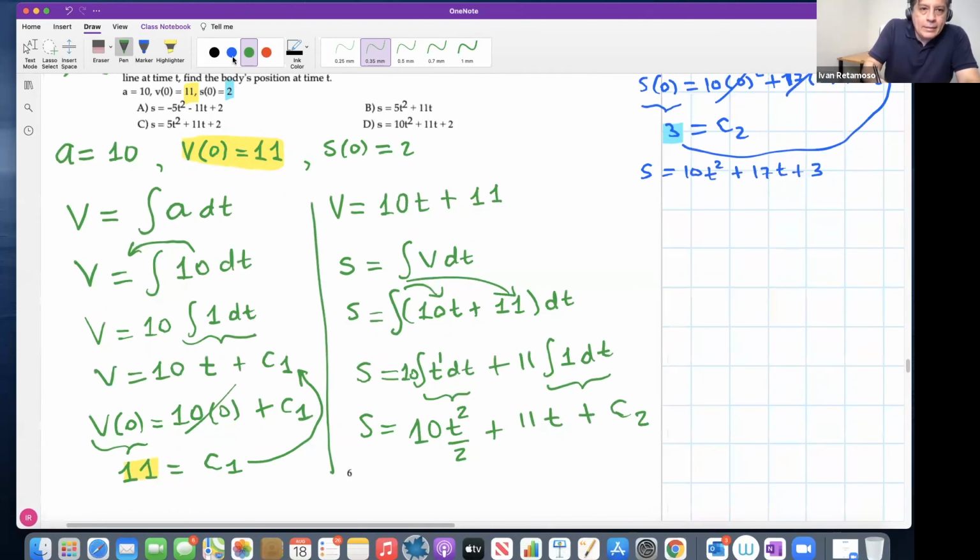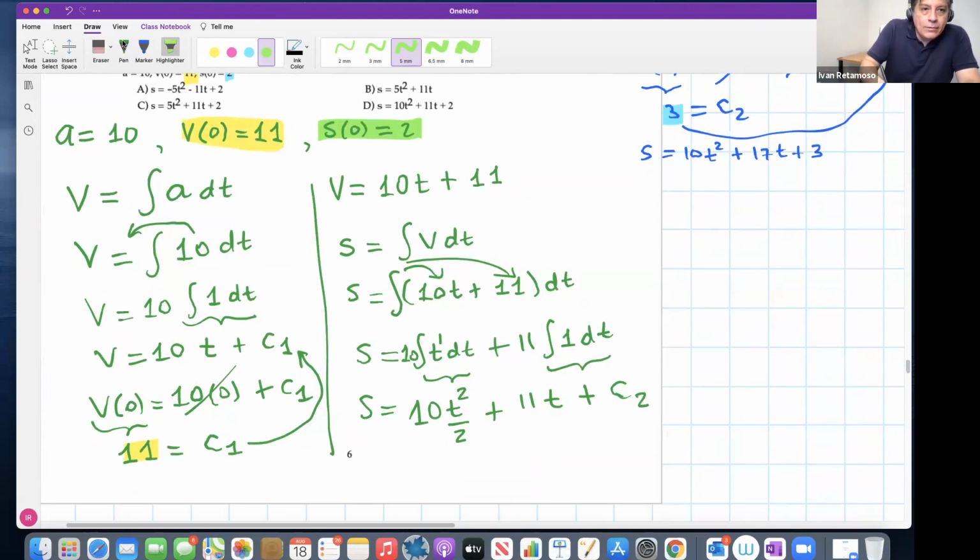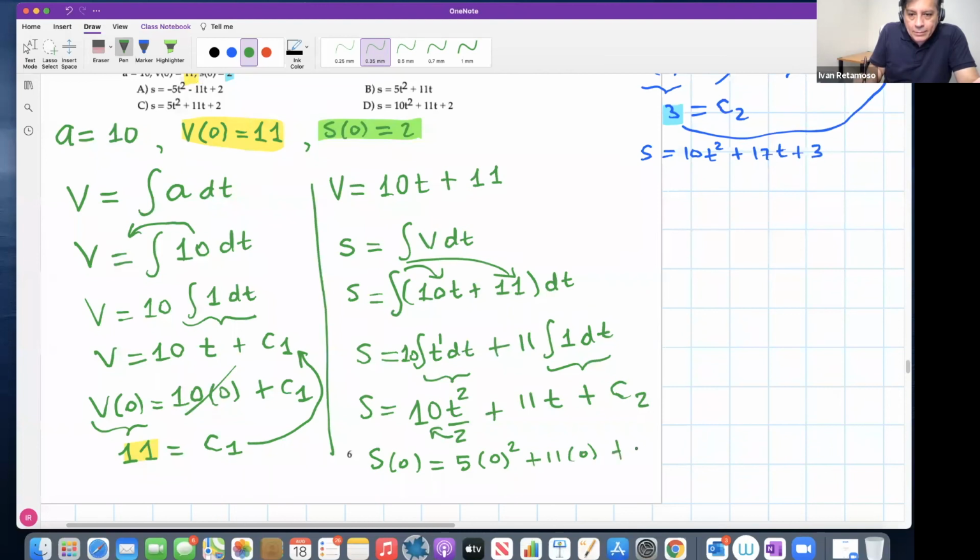Now let's use this extra information, right? That is given to us in this part. They're saying that this position function, when evaluated at time 0, which is what physicists call the initial position, right? Initial position at time 0, using the function, is just this, right? 10 over 2 is 5, times 0 squared plus 11 times 0 plus C2, right?